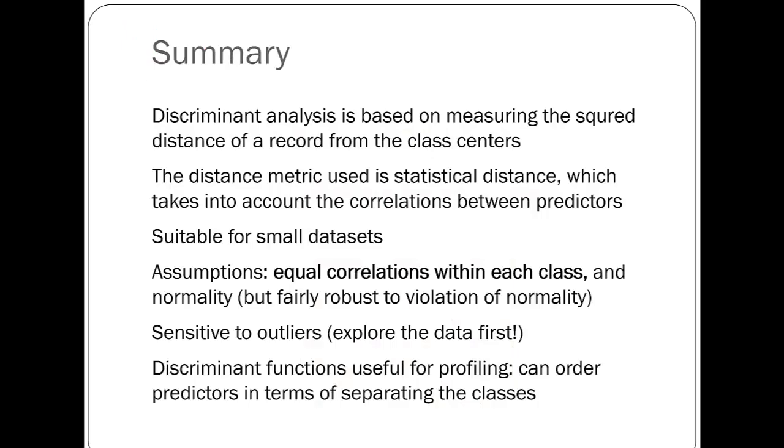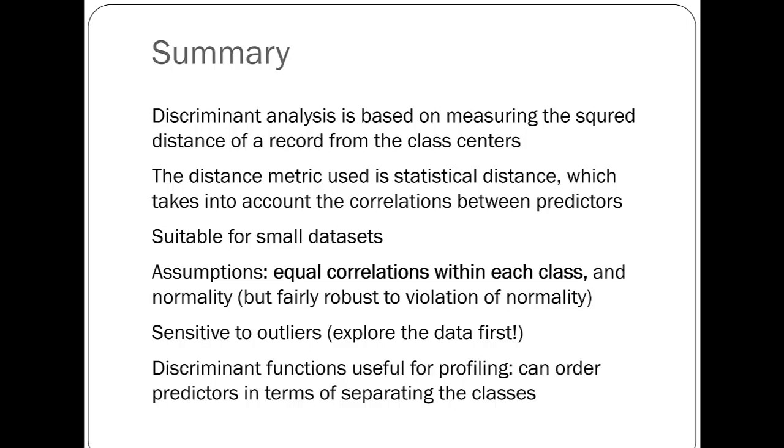To summarize, discriminant analysis is something that we are using to do classification with, and we're looking at the squared distance of a record from the average, or the centroid, for the category that we're trying to predict.